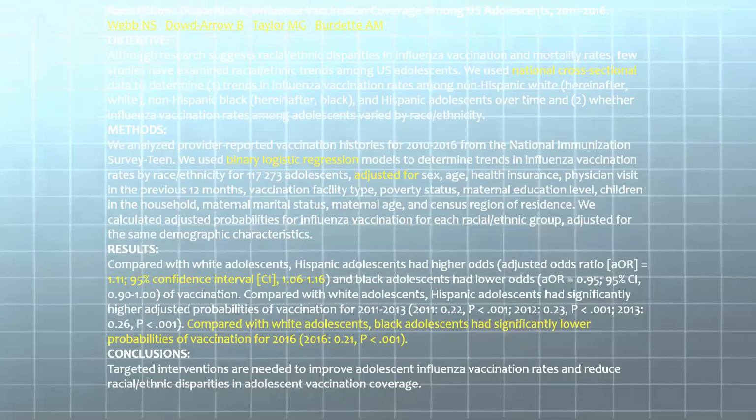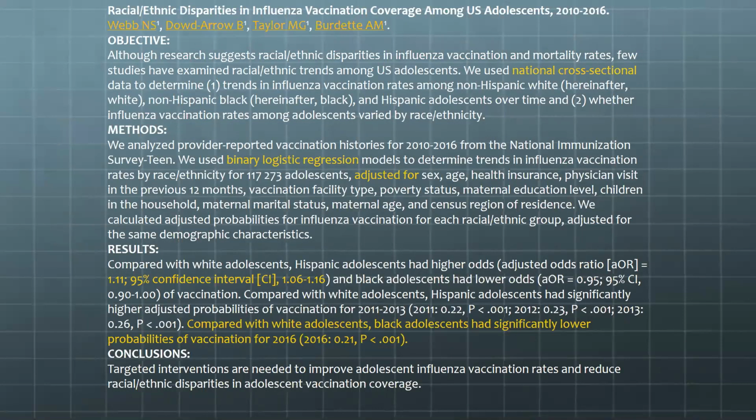Here's an example of a study that is reporting their data with a confidence interval and an odds ratio. Now notice some of the key words here. It was cross-sectional data that was used. They did a logistic regression, and it was adjusted for all these different characteristics of the sample.